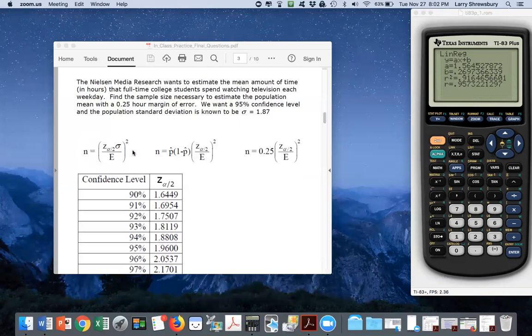And all we got to do is plug the numbers in, because they're telling me that with a 0.25 margin of error, E is 0.25. The standard deviation is 1.87. And if this is 95%, I just go down to my table. So that critical value, Z, is 1.9600.